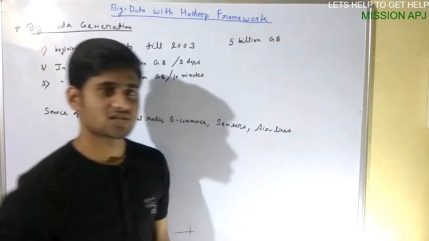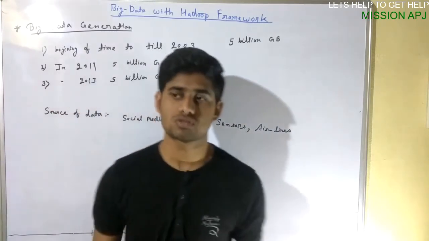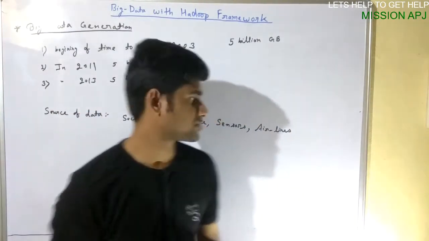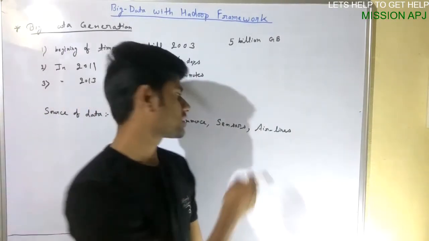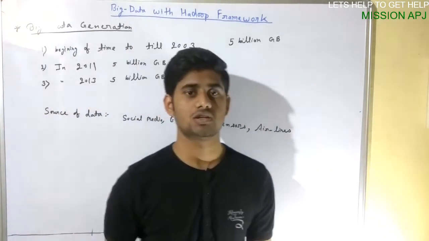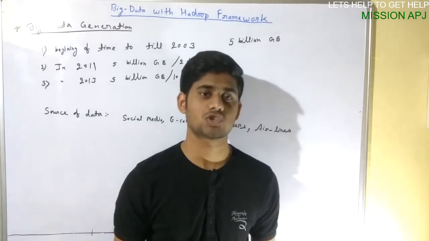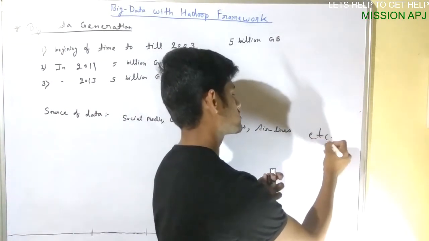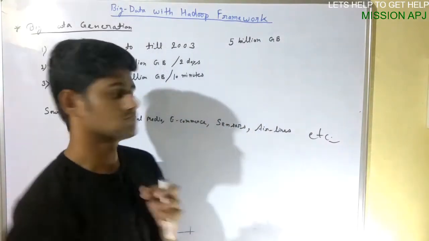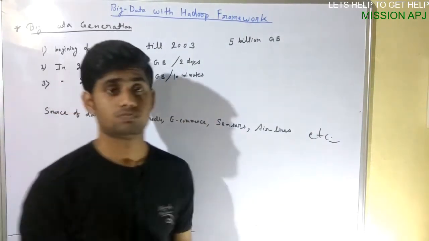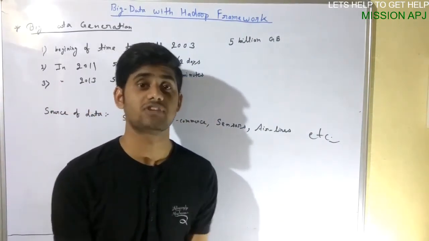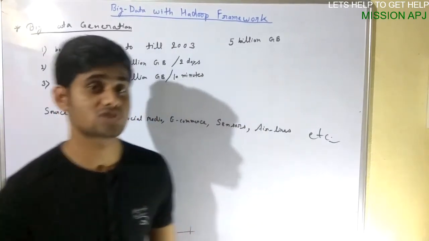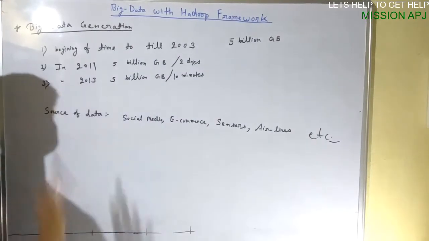Again, sensors, lots of sensors we use for capturing data, they also store lots of data. Airlines create a huge amount of data, that's also very big data. More can be added here, but these are the main sources. And YouTube is also generating huge data because it's video, so of course it is very big data. So these are the sources of data.